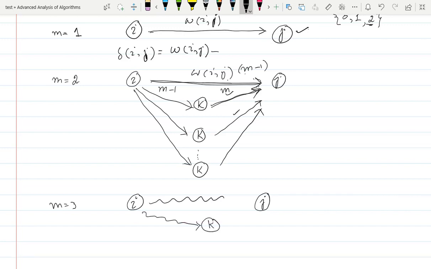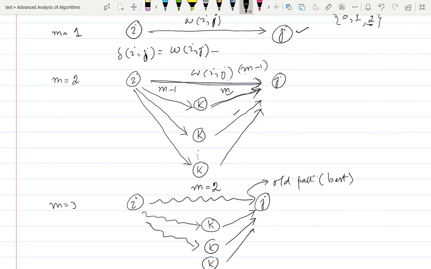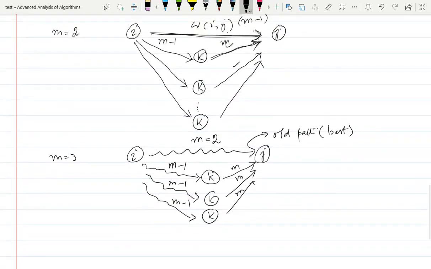The old best path, and now I will take a k and I will try to improve upon it by using different possibilities and connecting it with j's, and in this case this will use m minus 1, and the mth edge will be used over here. So this is how it will be done.